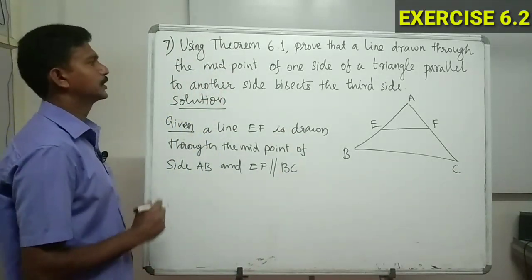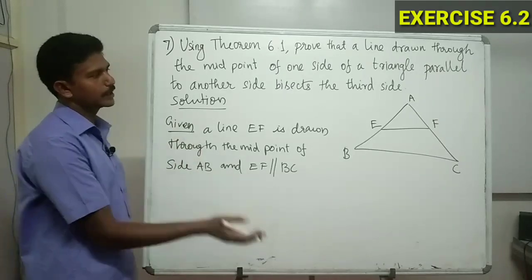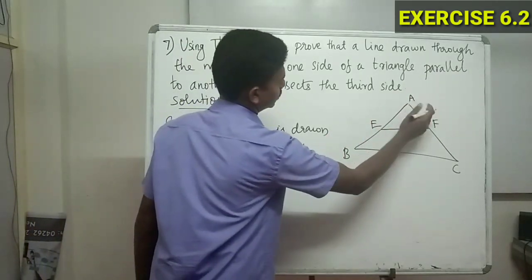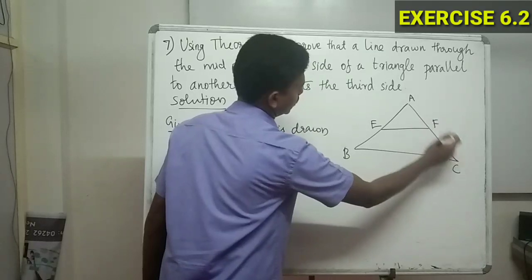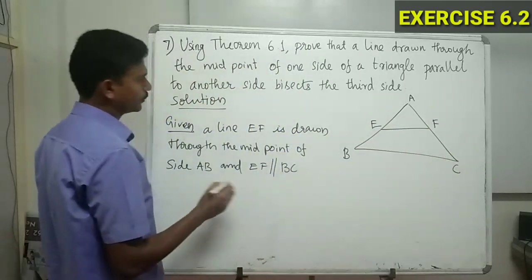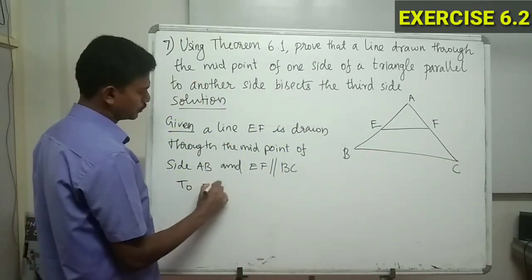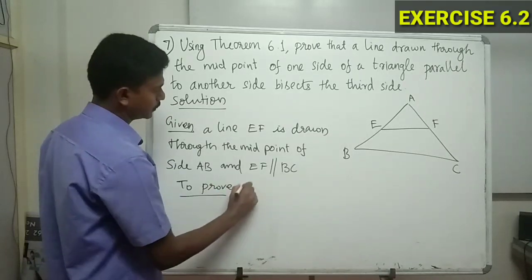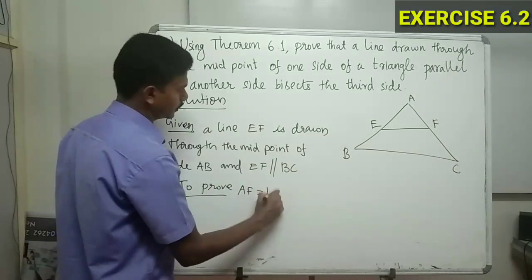So we have to prove that it bisects, it divides. Bisects means the distance AF and FC are equal. So what do we have to prove? We have to say AF is equal to FC.